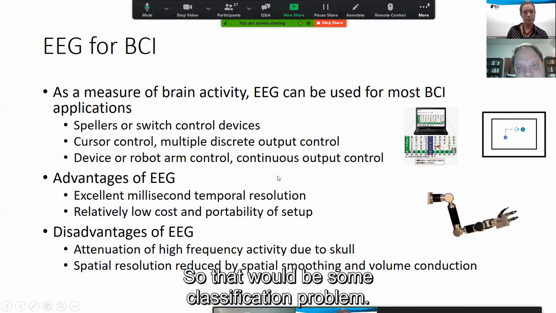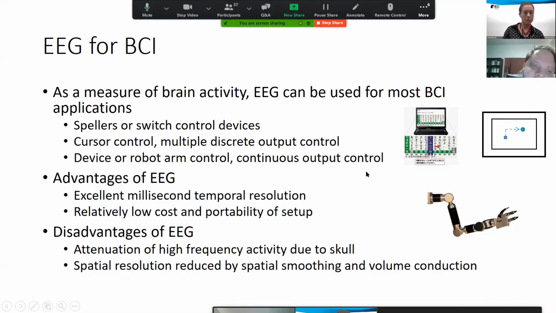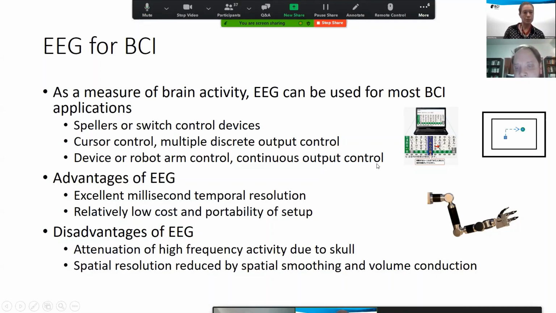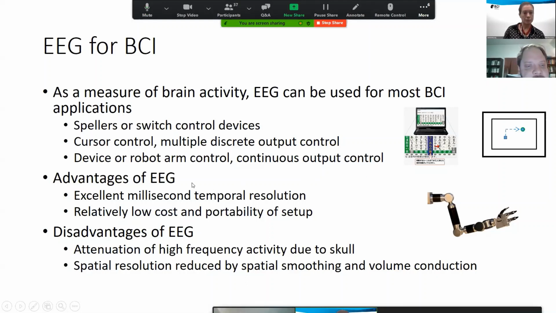That would be a sort of classification problem. And then it's also possible to control prosthetic devices, or assistive prosthetics using EEG.